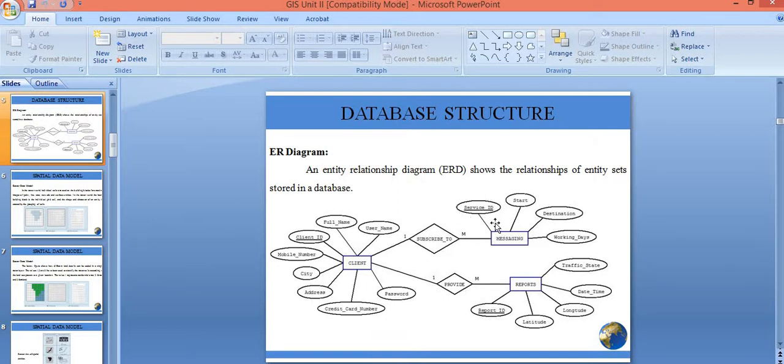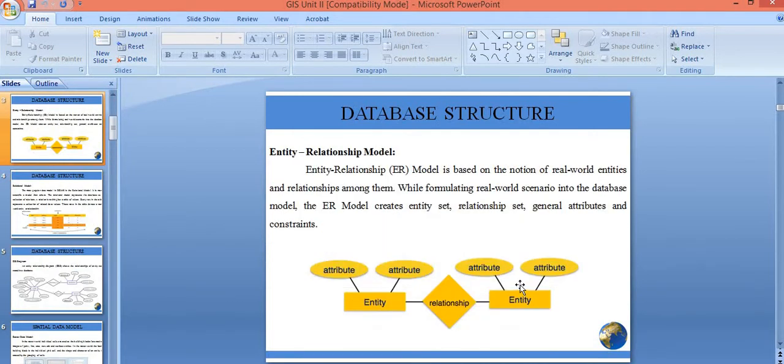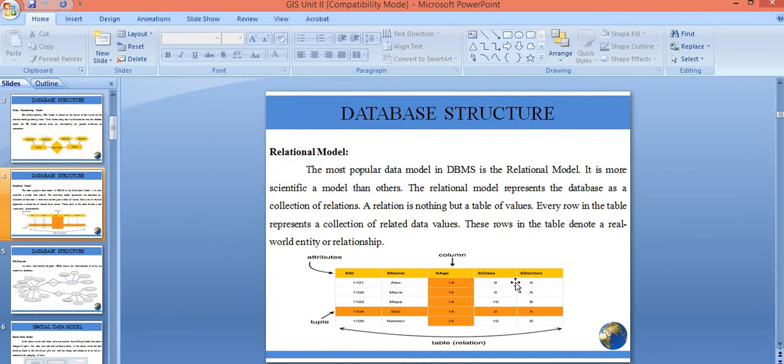So for this entity set, service ID is a key attribute. For client, client ID is a key attribute. And similarly for reports, report ID is a key attribute. And these 1, m are nothing but mapping cardinalities. You have mapping cardinalities like 1 to 1, 1 to many, many to 1, many to many. Like that you have different cardinalities. So that's about your ER diagram or ER model.